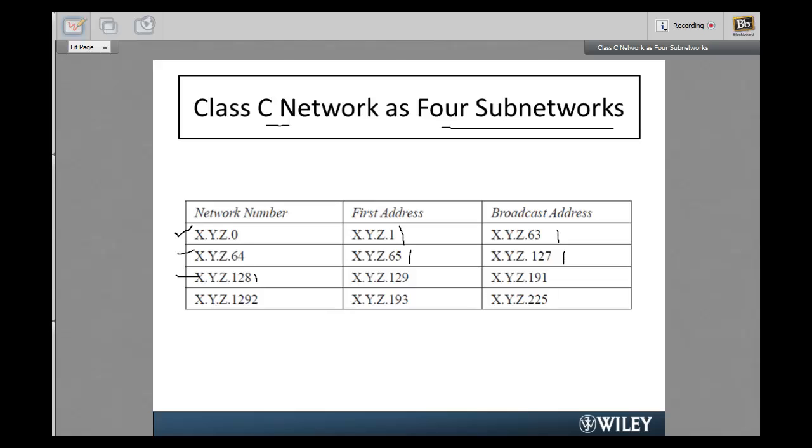Okay, is this clear? Because this is class C, we have to start from only the last octet, because the subnet mask is 255.255.255.0.